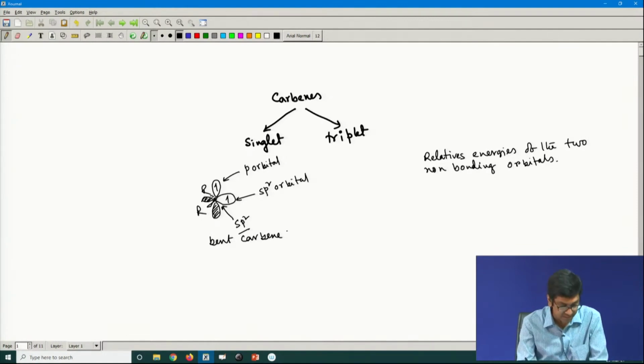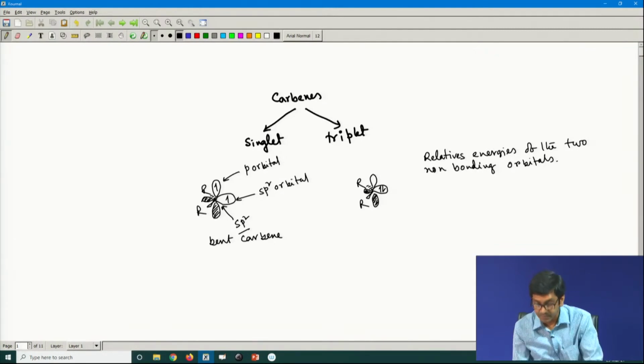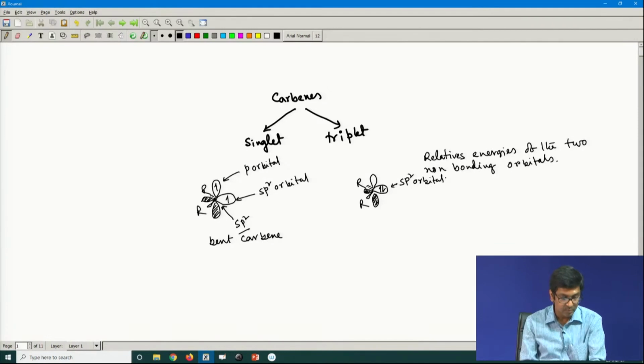However, for singlet carbenes, this p orbital remains empty, rather these two electrons are paired up in one orbital, that is this sp2 orbital. Okay.